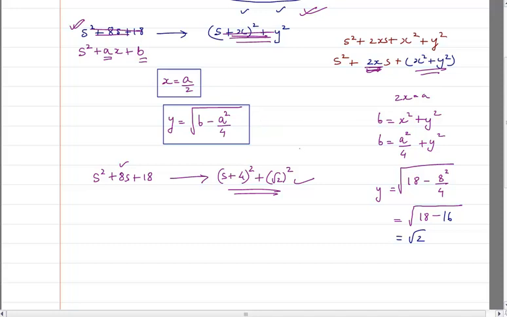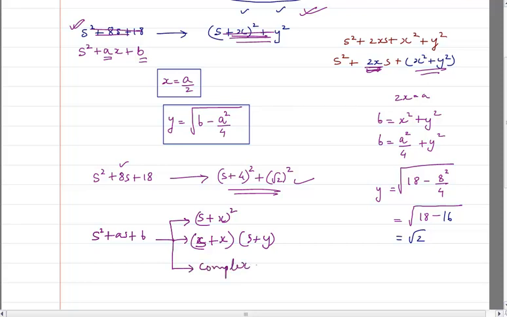Whenever you get a quadratic form of s square plus as plus b, you have to always check whether you are going to get it as (s plus x) the whole square form, or in some form of (s plus x) into (s plus y), or whether you are going to get it in complex form.